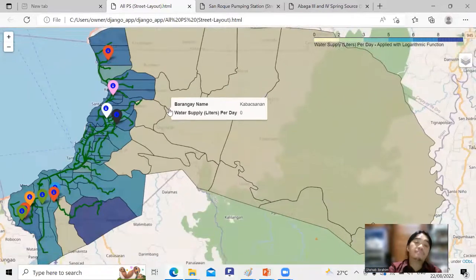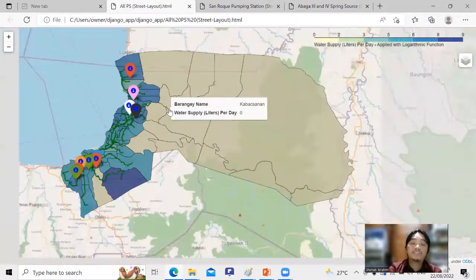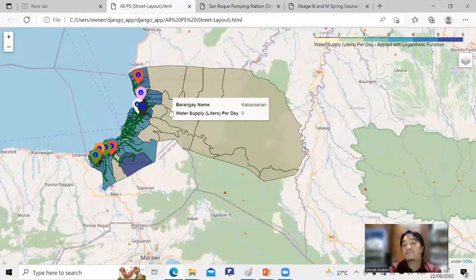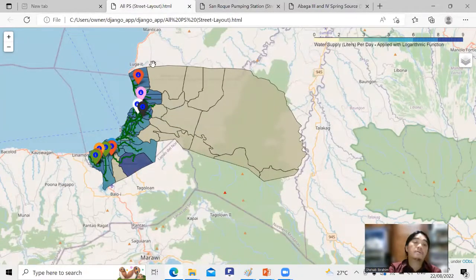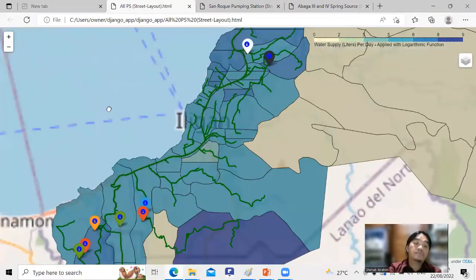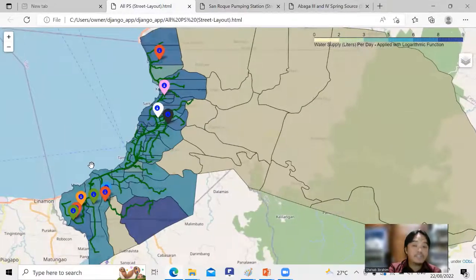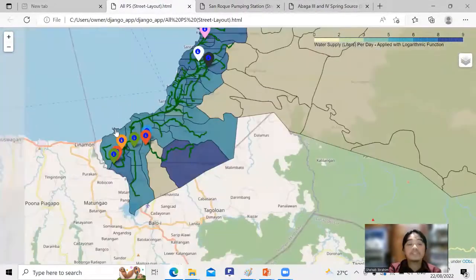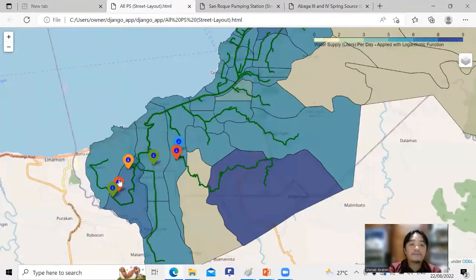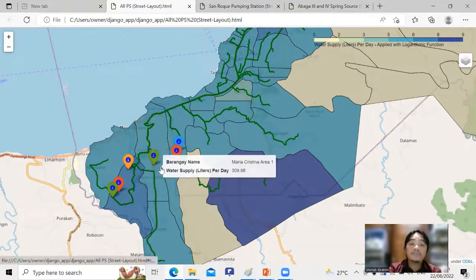This is a GIS map, or a geographical information system map, that shows the map of Iligan City and also shows the location of the pumping stations. There are again 10 pumping stations. As you can see, the three Ditocalan spring sources are located in Ditocalan. The Pampang spring source is located in Maria Cristina.